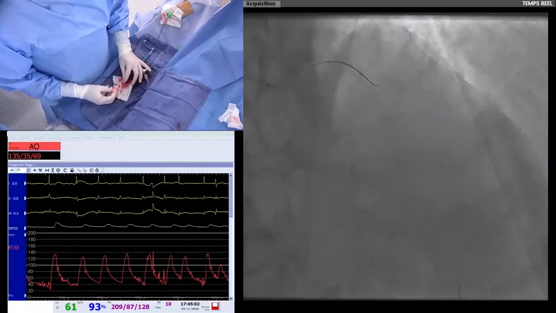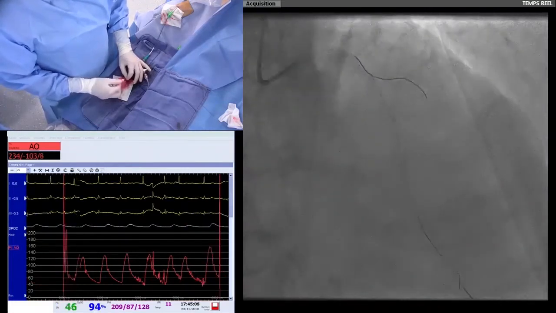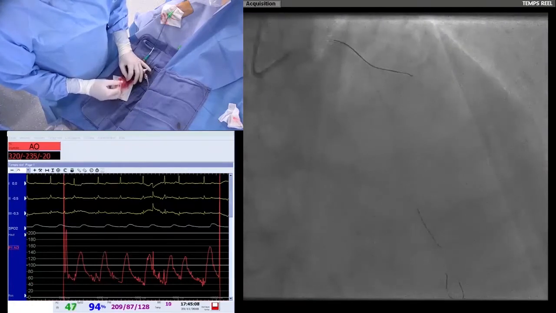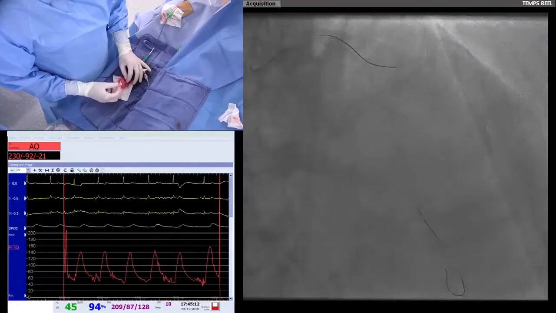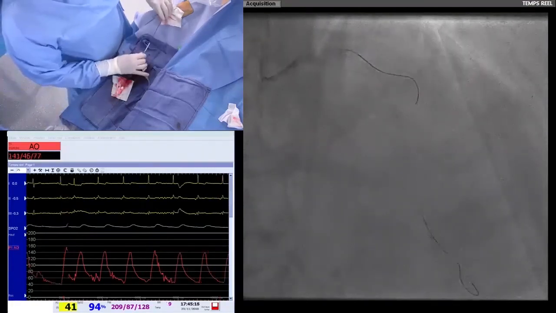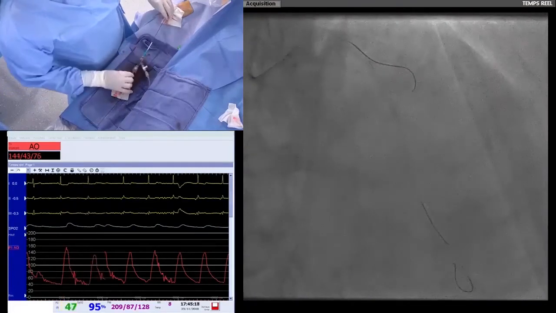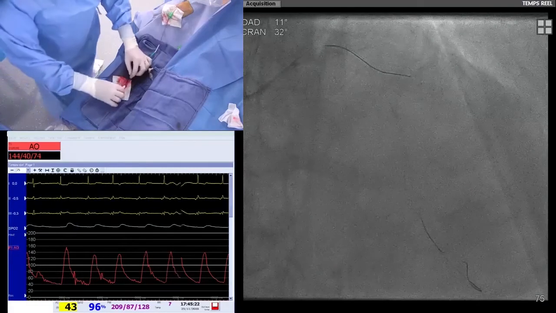Small test: I would like to place a wire inside the diagonal to try to keep it open. Maybe in a small branch. So we will do a small angio to better see. The pressure is quite good. Okay. Lionel, graphie. Okay.